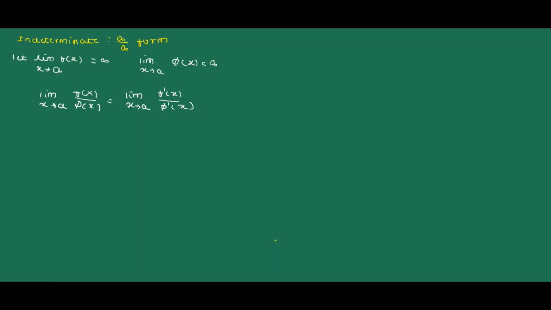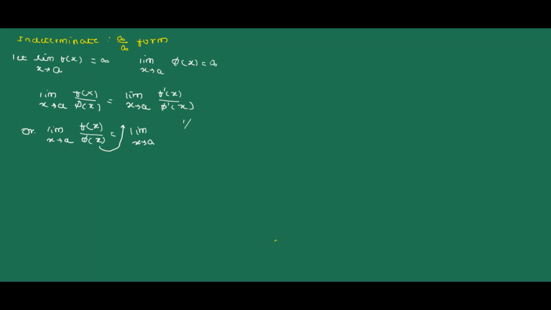Or limit x tends to a f of x divided by phi of x is equal to limit x tends to a. You have to transpose denominator in numerator.